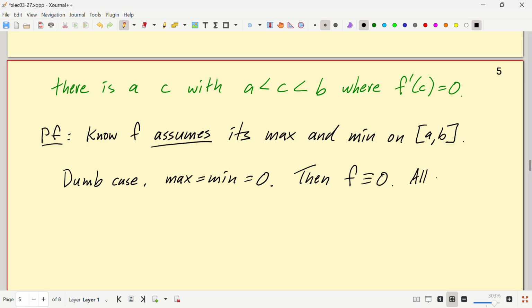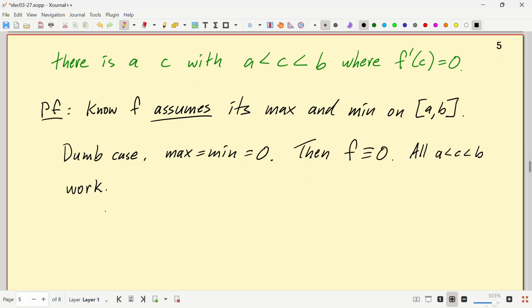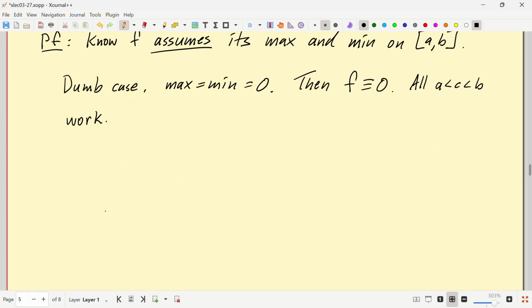All c work. Now I think I'll draw a picture for the rest rather than say all these words. Here, let's say the case 0. That's the dumb case. Let's do the case the max is greater than 0.